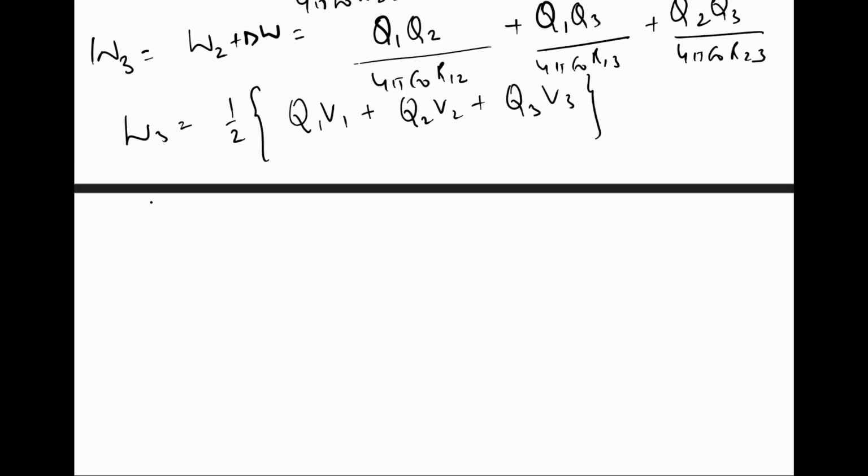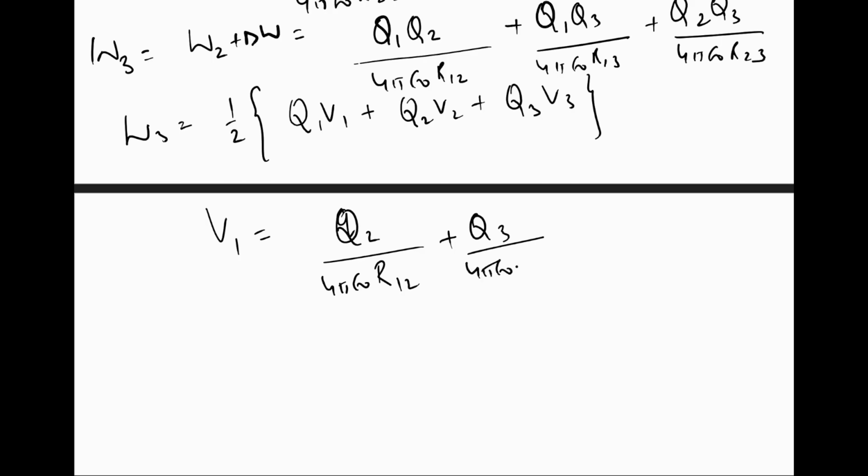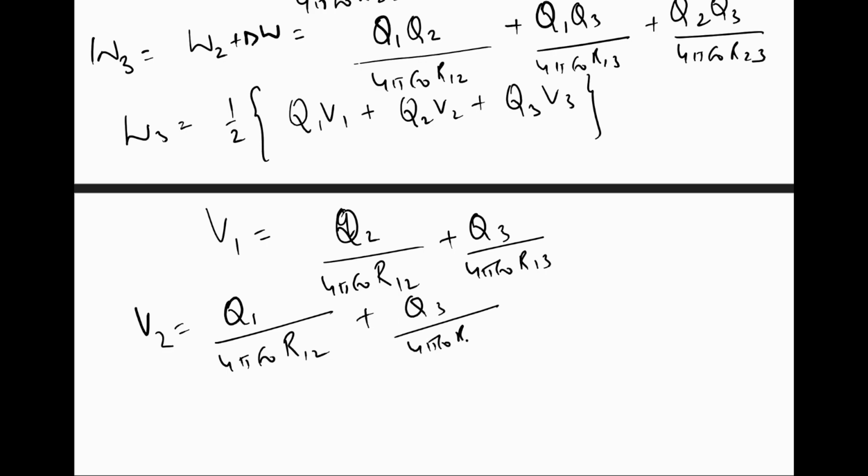Let us see how. Potential at 1 will be the potential due to charge 2, 4 pi epsilon naught R12, and the potential due to charge 3, 4 pi epsilon naught R13. Similarly, potential at 2 will be the potential due to charge 1, 4 pi epsilon naught R12, and Q3 over 4 pi epsilon naught R23, and potential at 3 will be Q1 over 4 pi epsilon naught R13, and due to charge 2 will be Q2 over 4 pi epsilon naught R23.